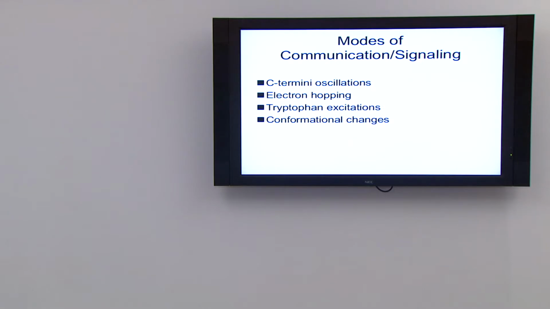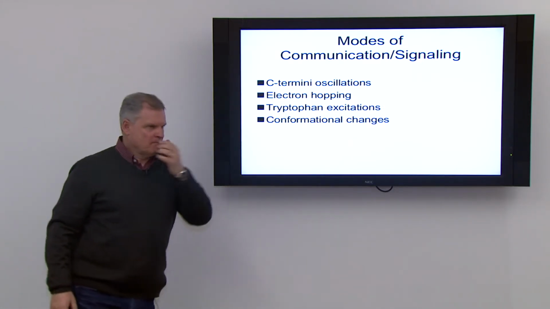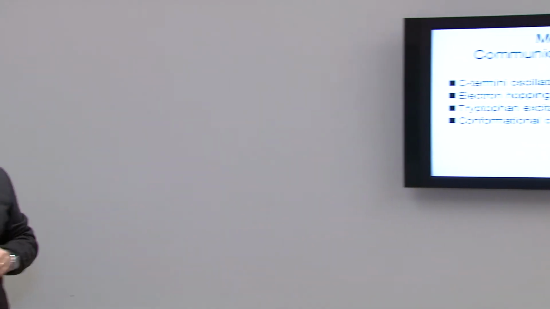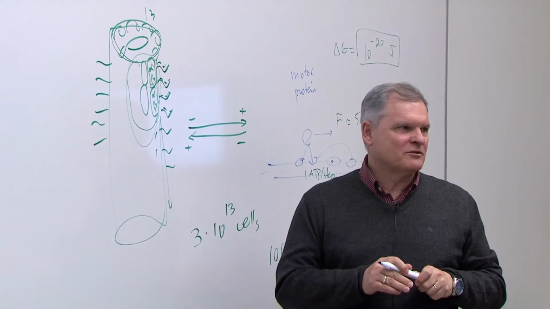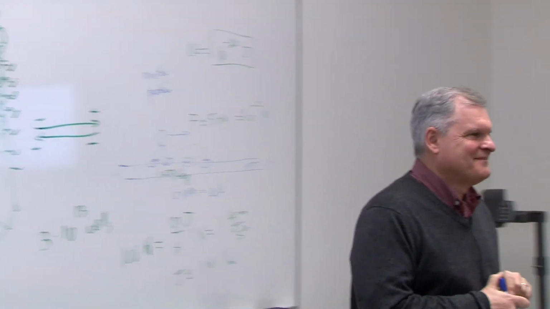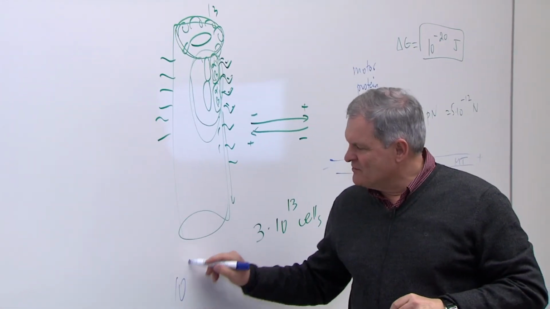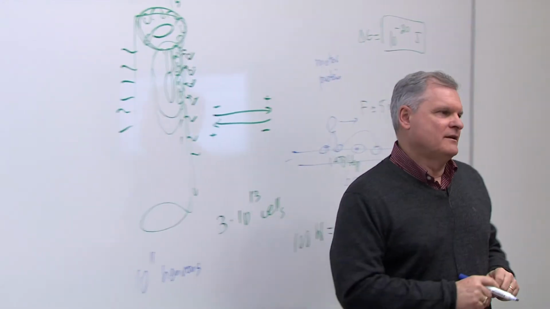I did a calculation of how many bits of information this could store, and you'd be surprised. If you count the number of dimers and the number of microtubules in a single neuron and the number of neurons in the brain. By the way, what is the number of neurons in the brain? Does anybody know? How many neurons do we have? 100 billion on average, yes. 10 to the 11th neurons in the brain.